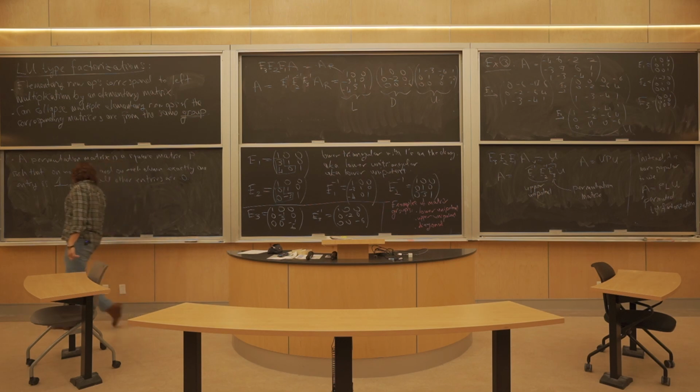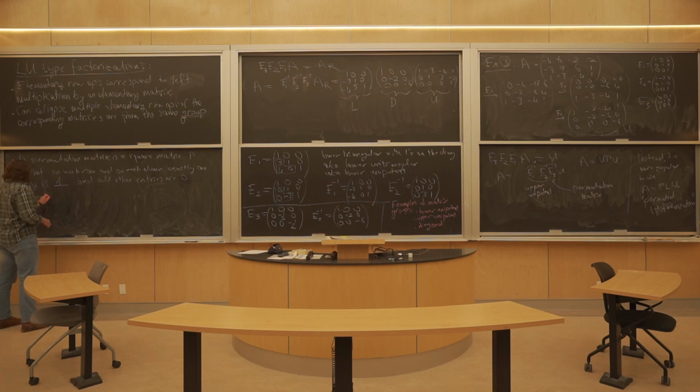Okay? Let me immediately record that indeed permutation matrices too constitute a group. I still haven't given you the definition of what it means for things to be a group, but perhaps I can mention it tomorrow. So this is also a matrix group.